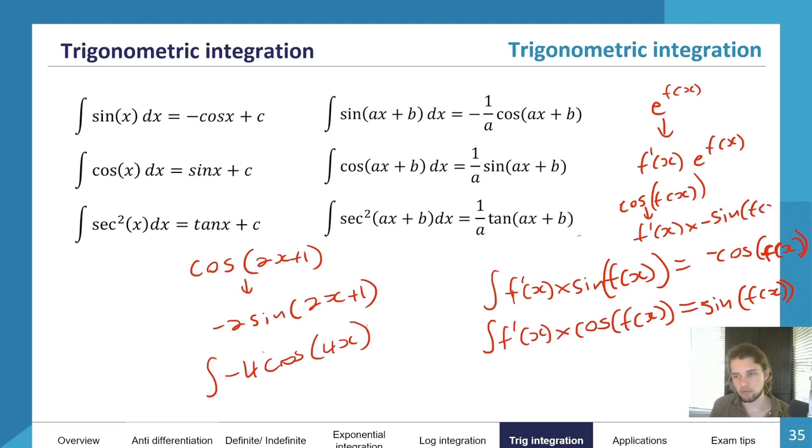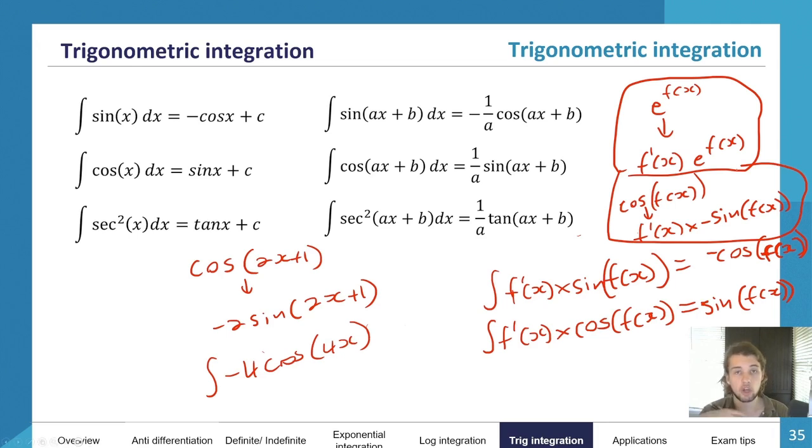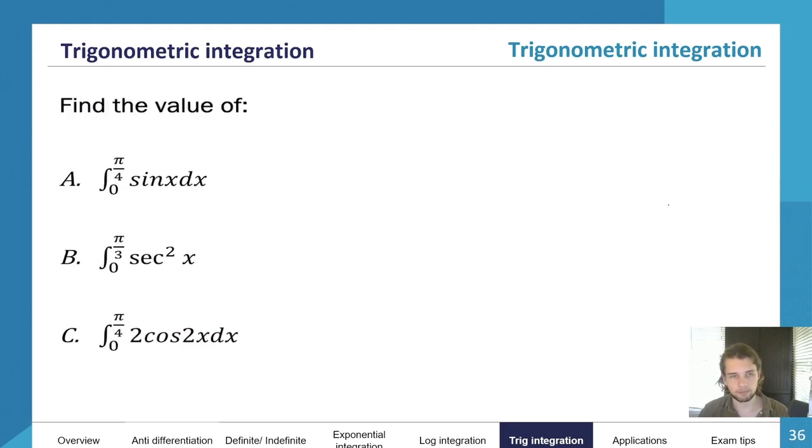So it's very similar to this process here. These two processes are very similar. The only difference is cos becomes minus sine and sine becomes cos. And that's sort of the difference. But we do move this body that we have inside cos out the front after differentiating it.